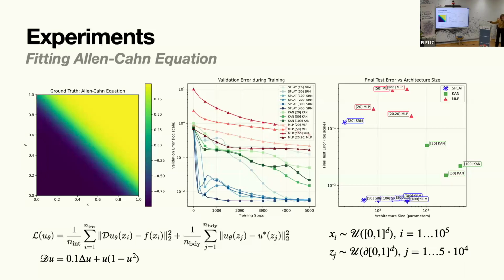So for the Splat model, it is the K. For the multi-layer perceptron, when I say 20,20, this is a 3-layer neural network with 20 units per layer. Okay. And I think these are small networks, low dimensional problem. And the dimension is 2 in this case. Yes.